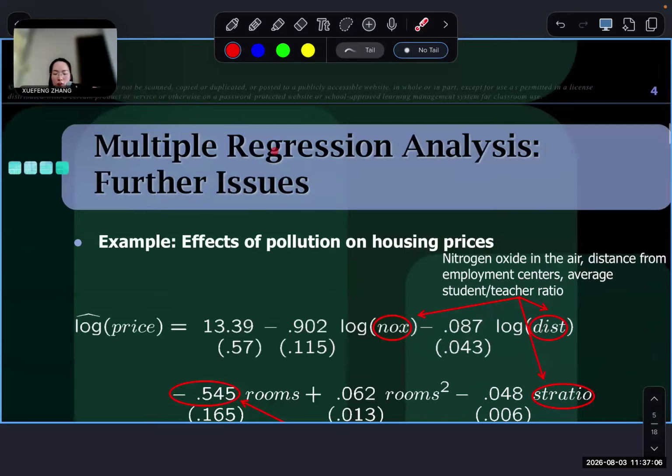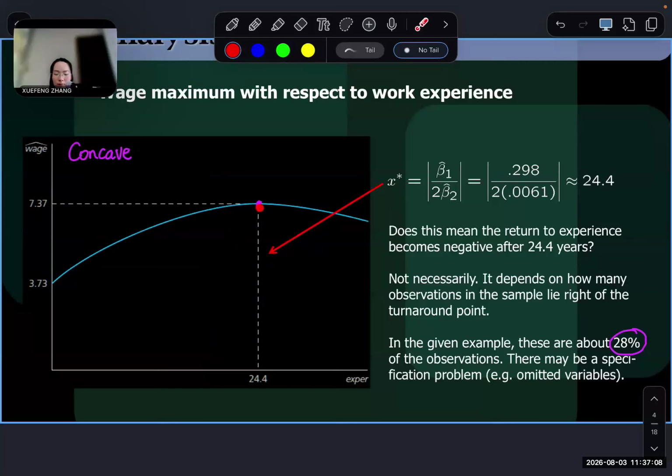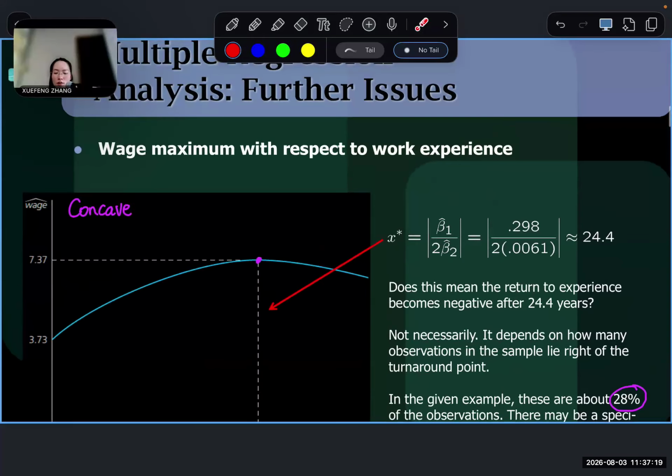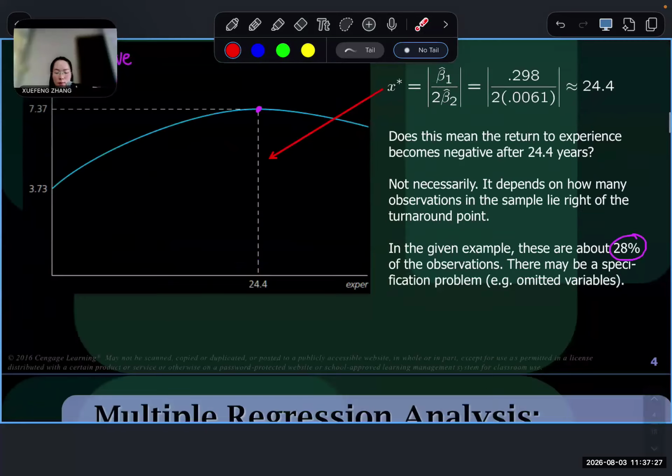For this case, it might be optimizing maximum utility, those kinds of things, okay? So if you want to use a quadratic functional form, you need to think about some theory to support your choice, to support your idea.